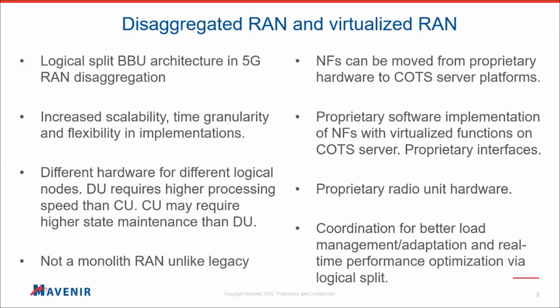So separate hardware components for the CU, separate hardware components for the DU, because as I said in the previous slide, CU has more of loop 2 operations, while DU has more of loop 1 operations. So you would need different hardware units for the CU and the DU. Maybe the DU requires higher processing speed and the CU requires higher state maintenance.